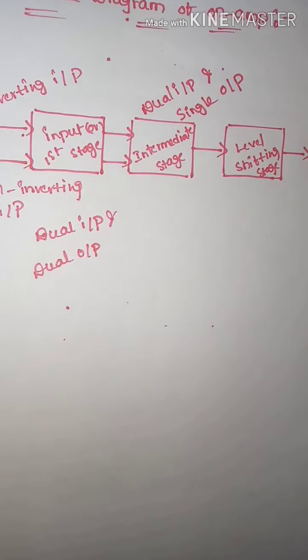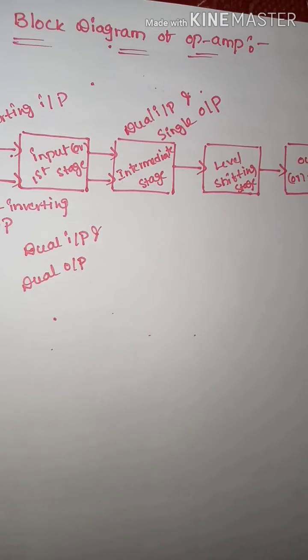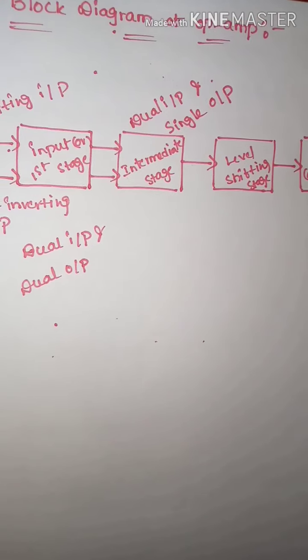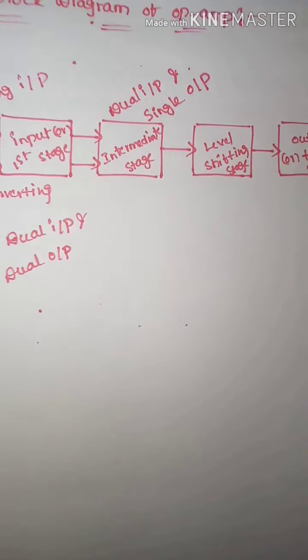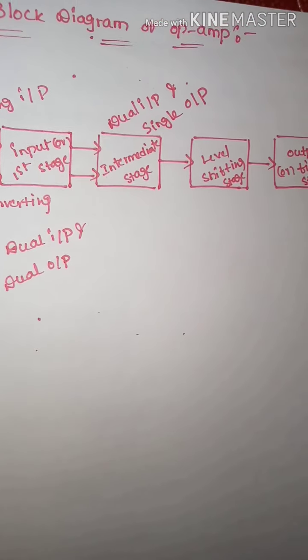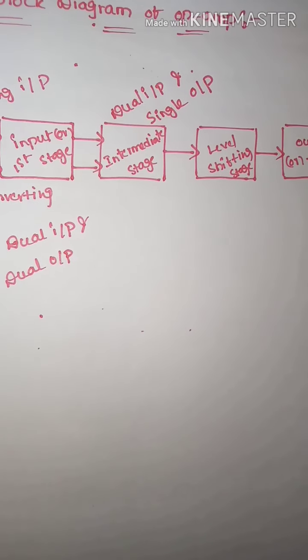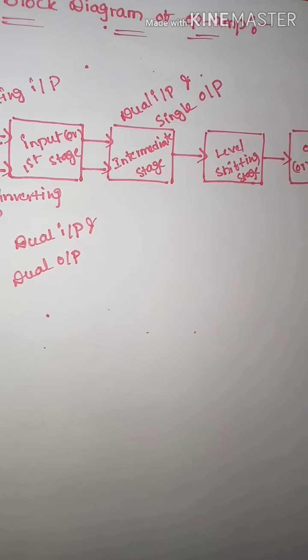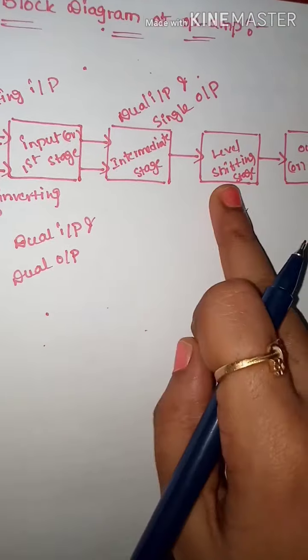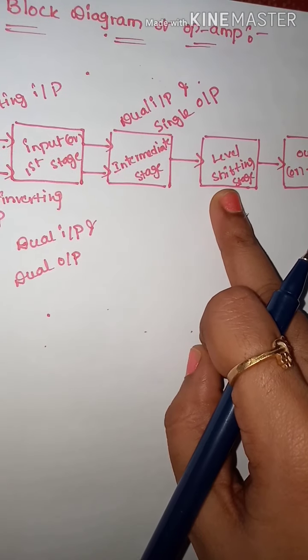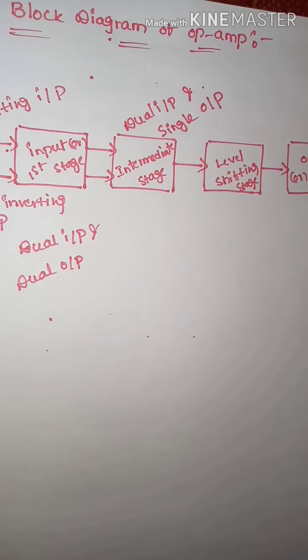Coming to the third stage, the level shifting stage. The function of this level shifting stage is to shift the output of the second stage down to 0 volts, with reference to the ground.